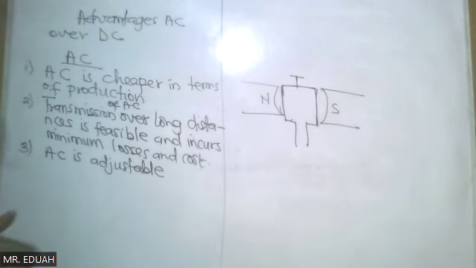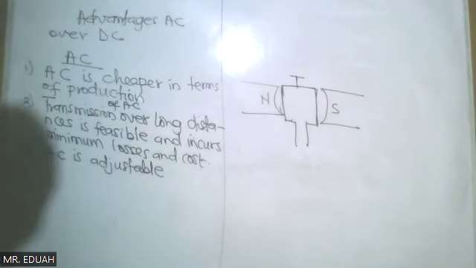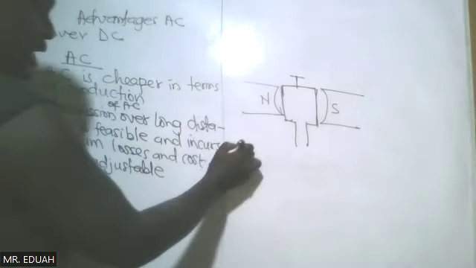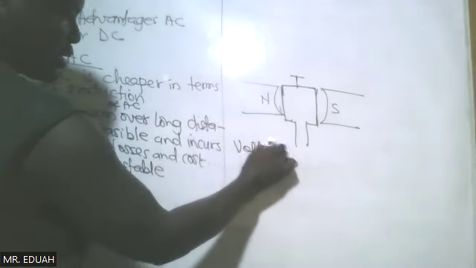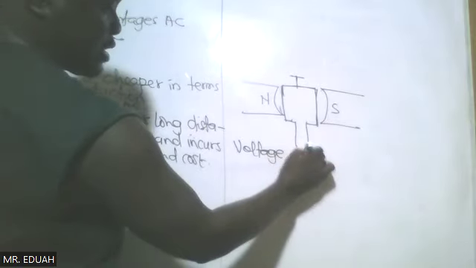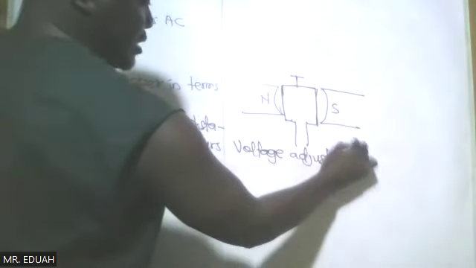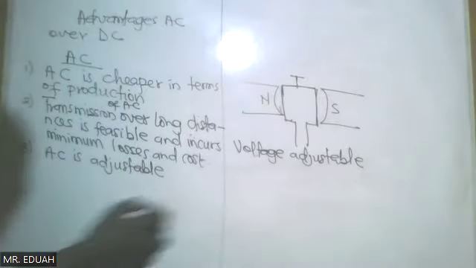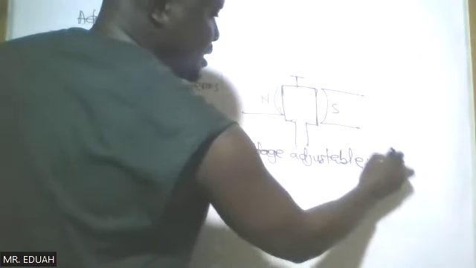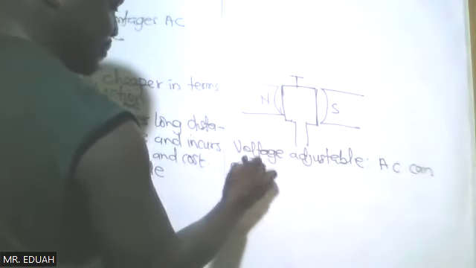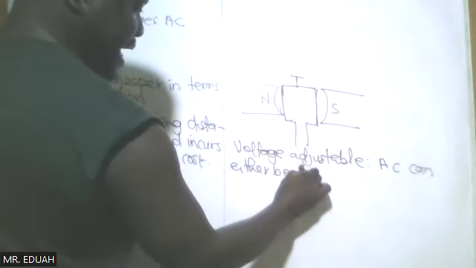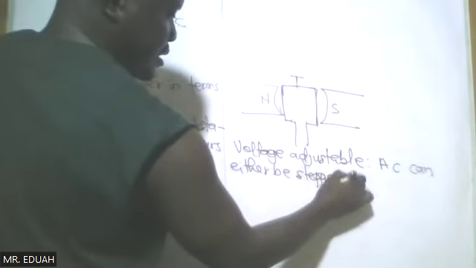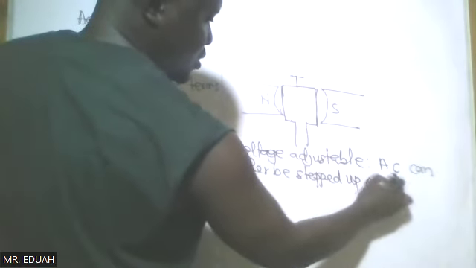Voltage adjustment, meaning if the voltage is high, we can make it lower. So voltage adjustability implies that AC can either be stepped up or down.